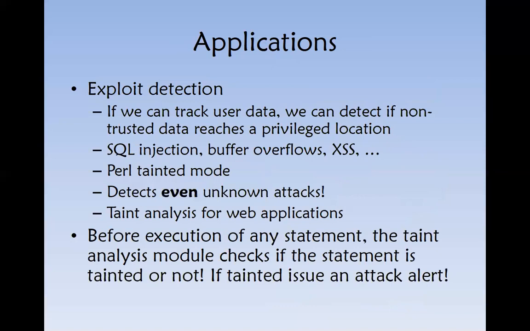All right. One of the applications of taint analysis is exploit detection. The idea is that if you can track user data or untrusted data in the program, you can detect if untrusted data reaches a privileged location. Imagine that you had a way to do taint analysis where you tag every memory location in your program with a bit that determines whether that memory location is storing tainted information or not.